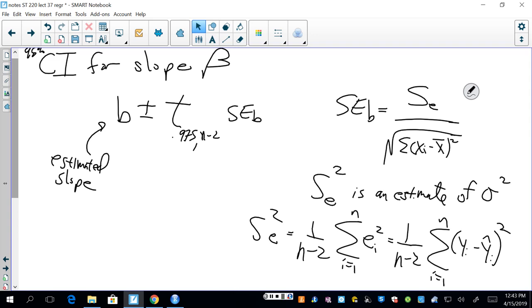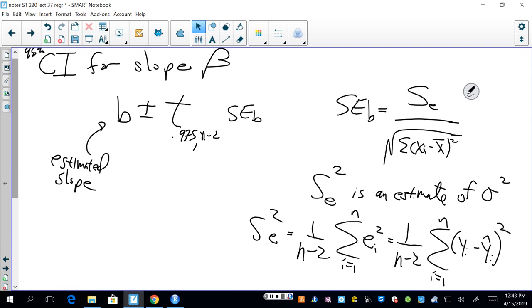So if we take the actual errors, we want something like a sample variance of those residuals to estimate that sigma squared. We end up dividing by n minus 2 because we've estimated both an intercept and a slope. We've estimated two things. So it turns out in probability theory, the unbiased estimate of sigma squared has n minus 2 in there. For a big sample size, it's not going to make a huge amount of difference.